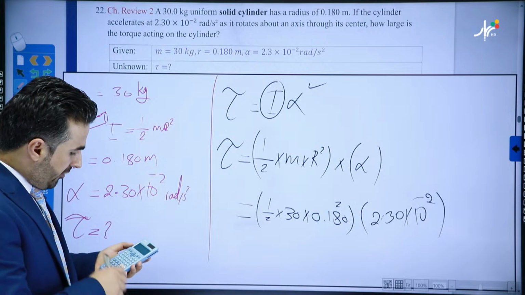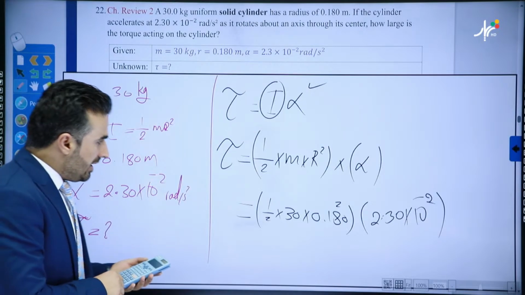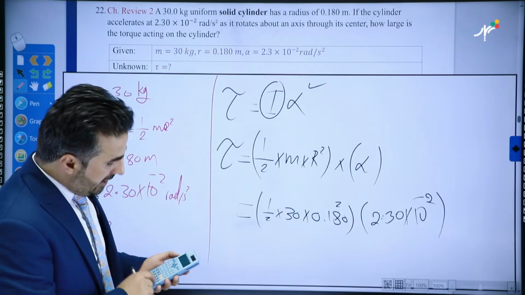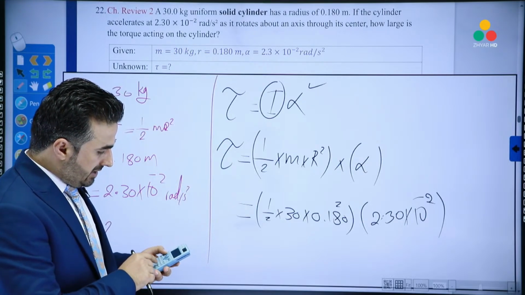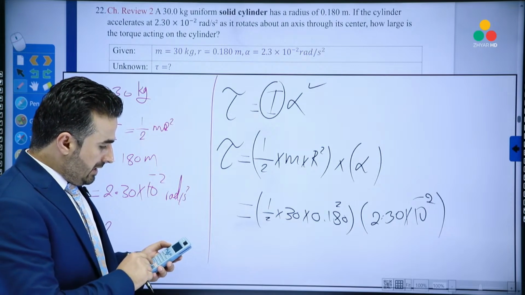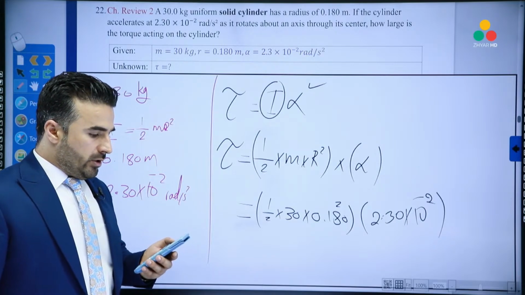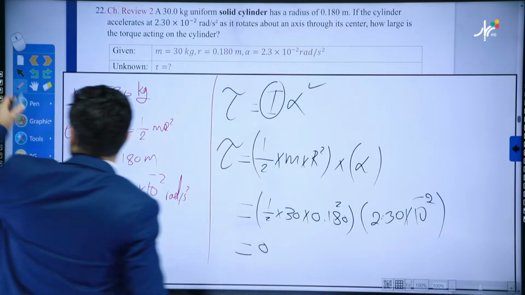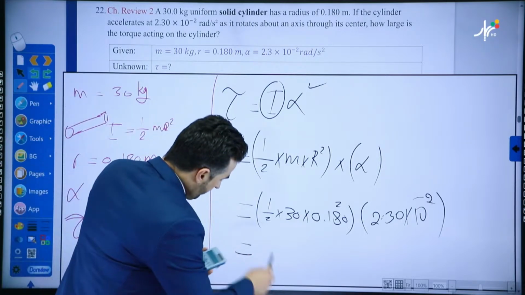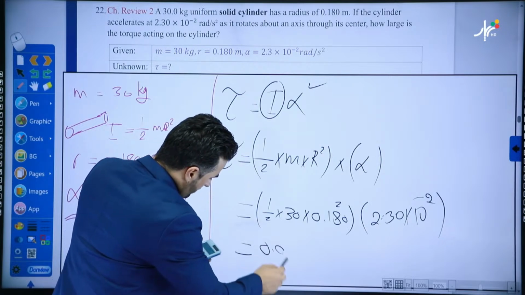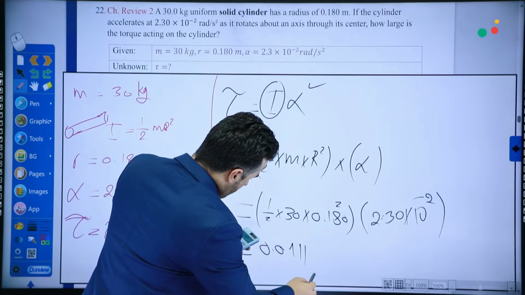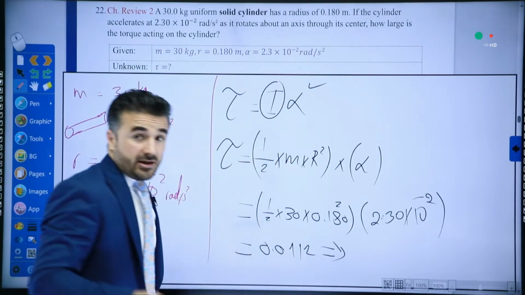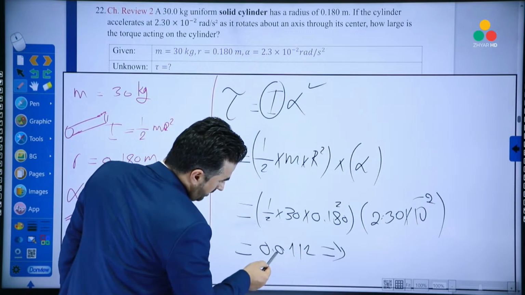Half of 30 is 15, multiplied by 0.180 squared, multiplied by 2.30 times 10 to the power negative 2, and the answer will be 0.01117, or we can round it to 0.0112. And if you want to write it as a power of 10, move the decimal 2 times, 1, 2.